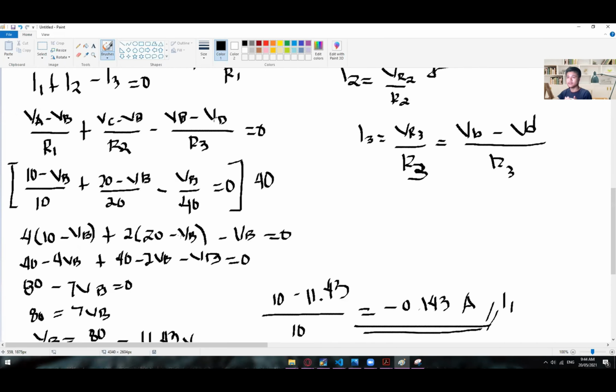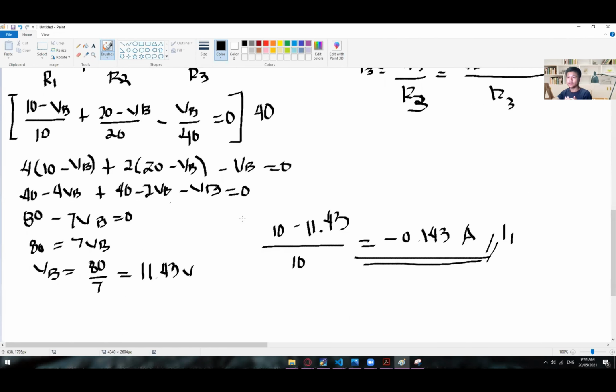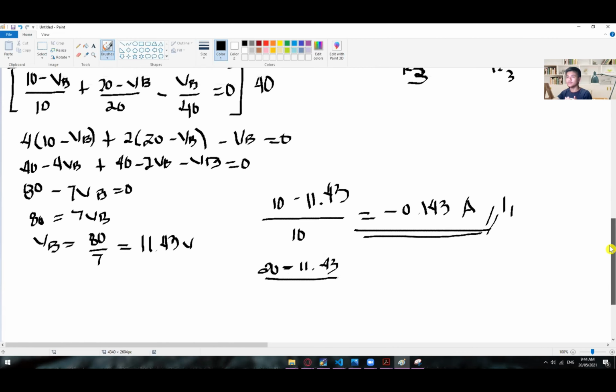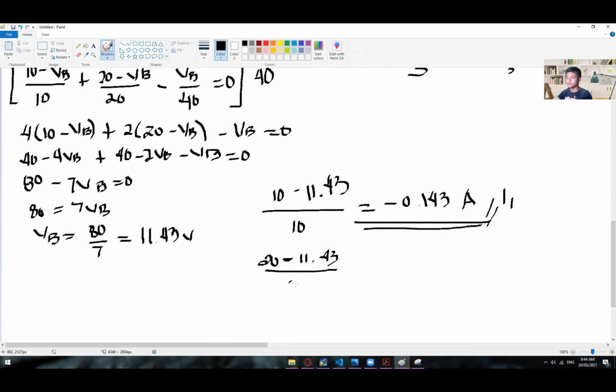So VC is 20 minus VB, 11.43, divided by R2, which is 20. This gives us a value of 0.4285 amps, which is our I2.